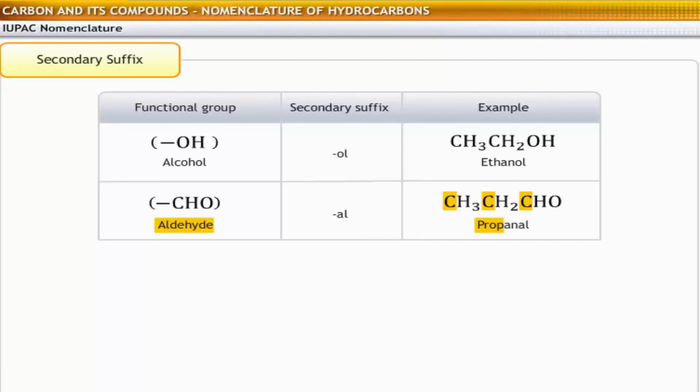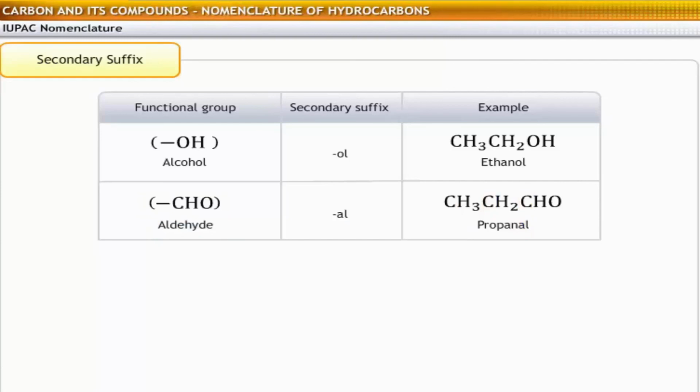The aldehyde molecule is saturated, so the primary suffix should be -ane. However, the molecule contains a functional group CHO, so a secondary suffix needs to be included in the name. Remove the E from alkane and add the suffix -al. Therefore, the IUPAC name of the given molecule is propanal.